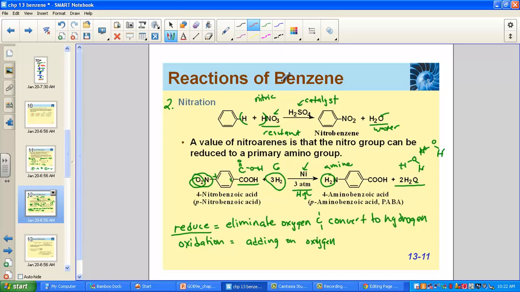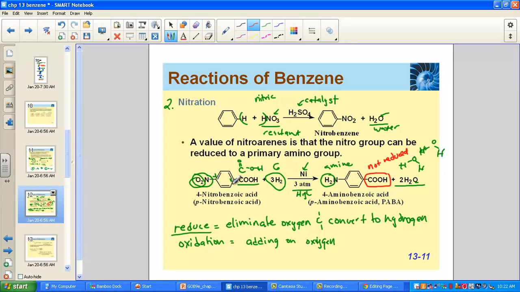But notice, very important, this here was not affected. Those oxygens were not reduced. So this is a very selective treatment of the nitro and not the acid functional group.